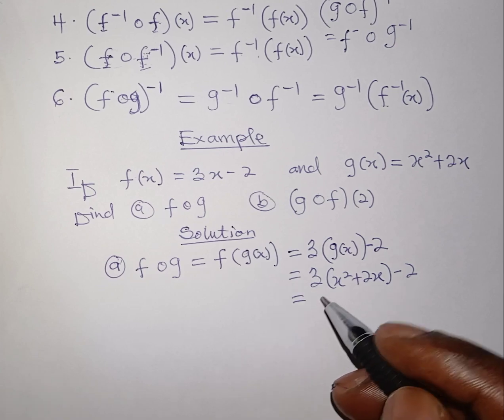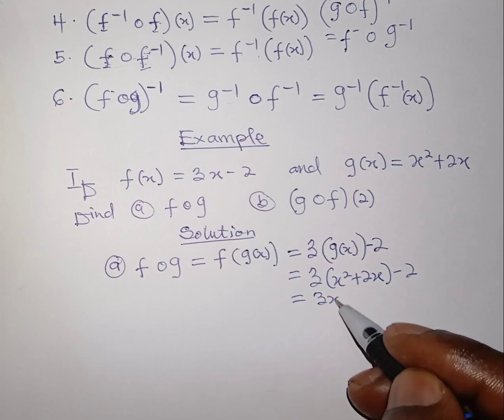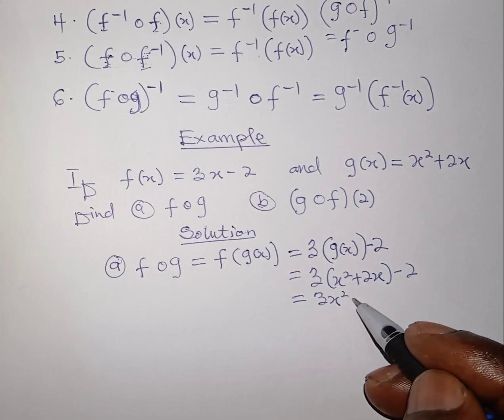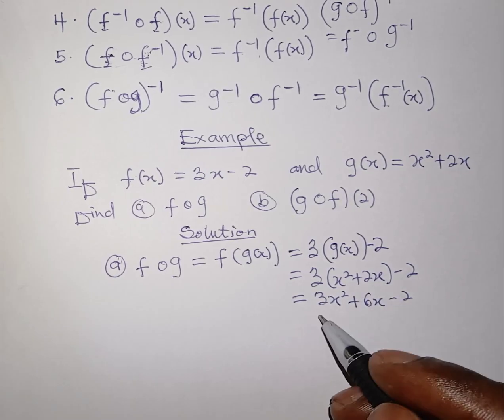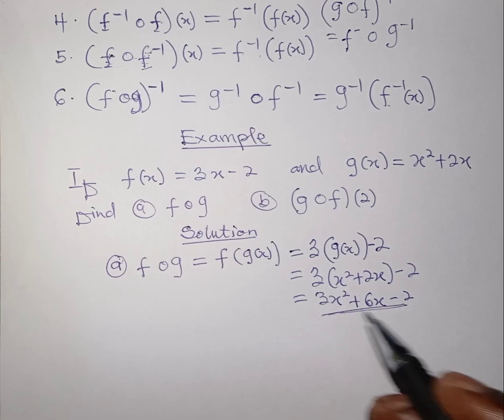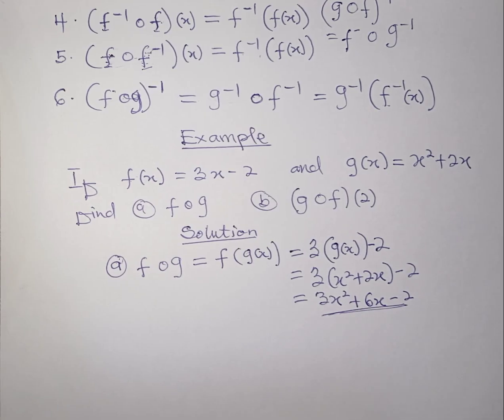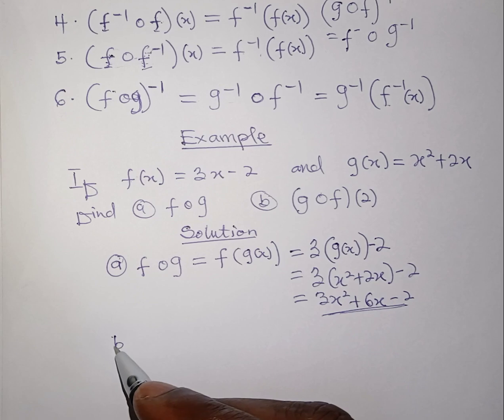So we open brackets, and here becomes 3x squared, and this times this gives me 6x, minus 2. And that gives me my answer. All right, so you see that this is very, very basic. Okay, now let's look at the B part.